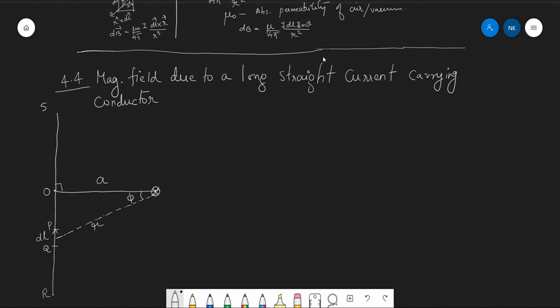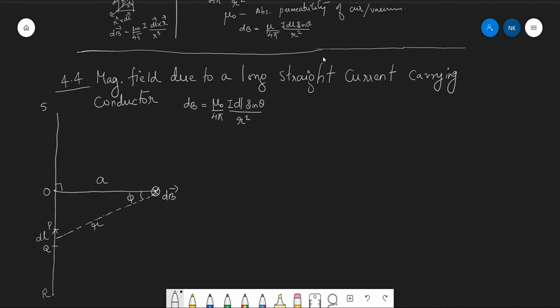According to Biot-Savart law, if I mark this as dB, the magnetic field is dB equals mu naught by 4 pi, I dl sine theta by r square.